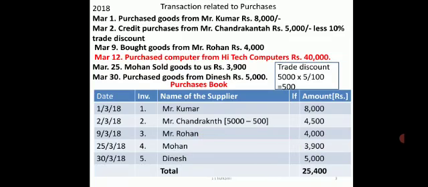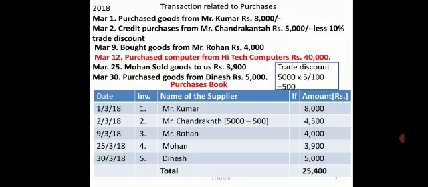Then on 30th we have bought goods from Dinesh 5,000. So again we have made purchases from Dinesh 5,000. The total of all my purchases amounts to 24,500. So this is relating to purchase book.